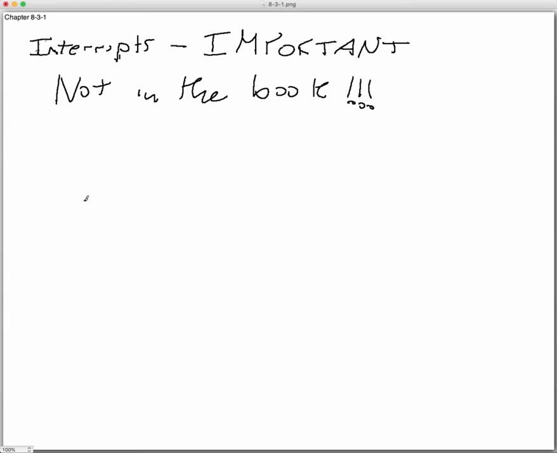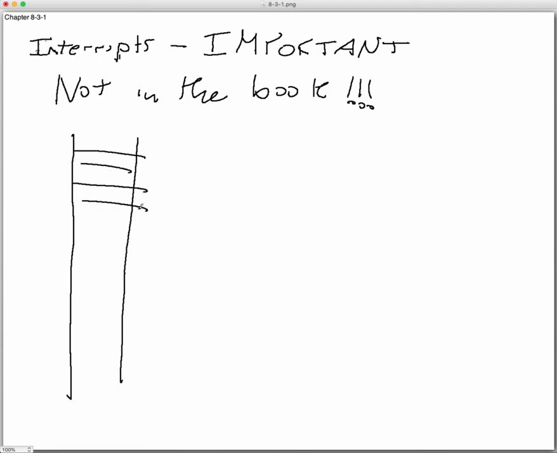I want you to imagine the following situation. We've been drawing memory. So here's memory over here. And for a second now, when we've been talking about the LC3, we've sort of been assuming that we have this computer and it's only a single user computer.